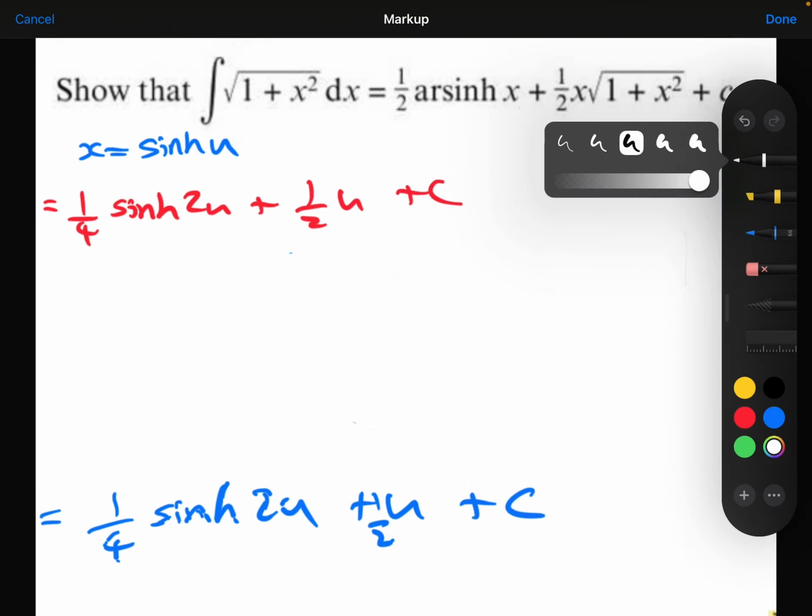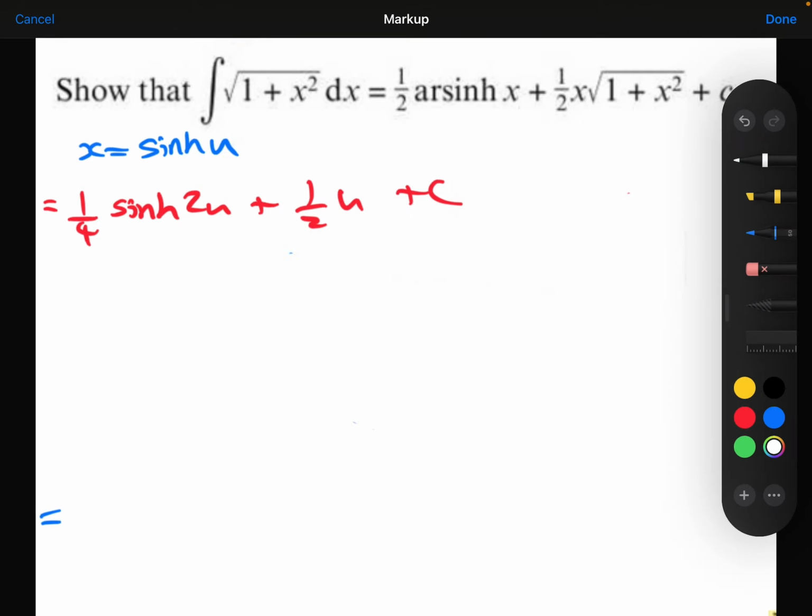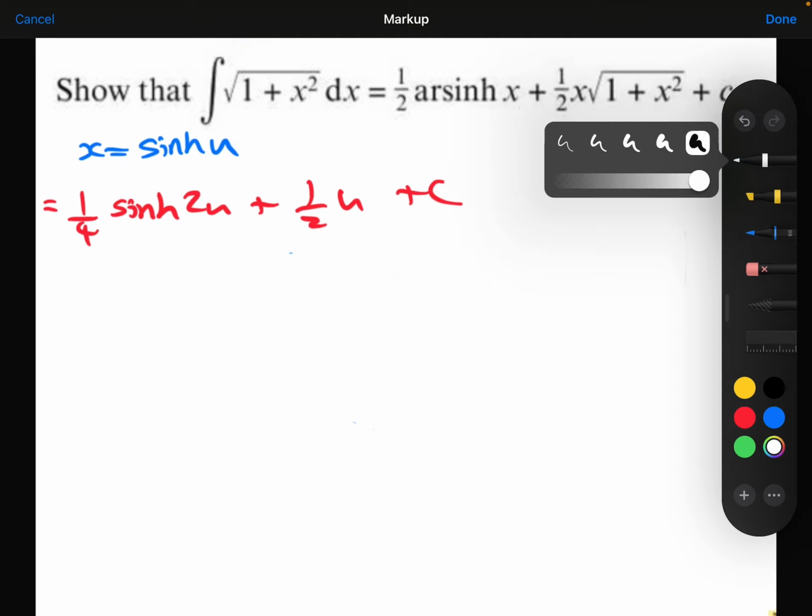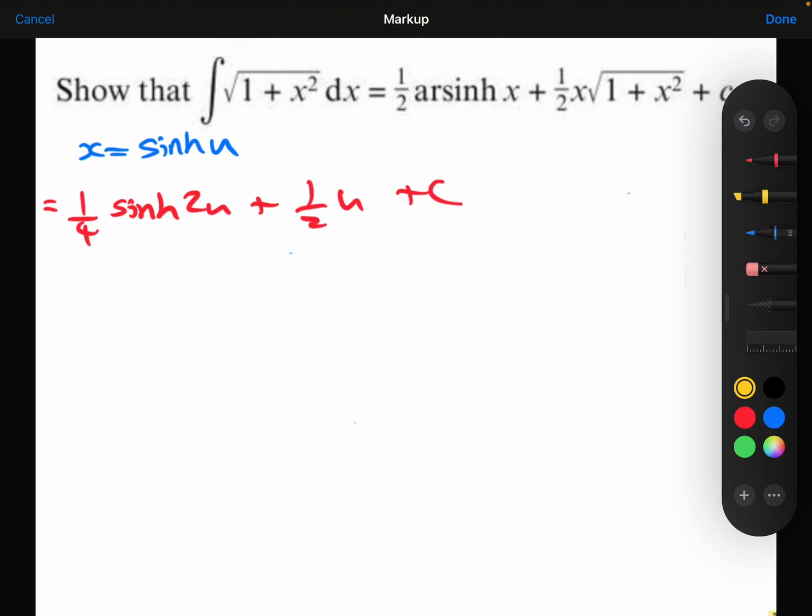Right, now the awkward thing with swapping this back to be in terms of x is that my x substitution was in terms of sinh u, not sinh 2u. So I need to do something with this 2u. I need to use the sinh double angle formula to expand that out.